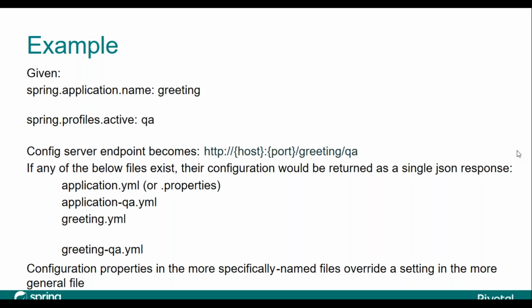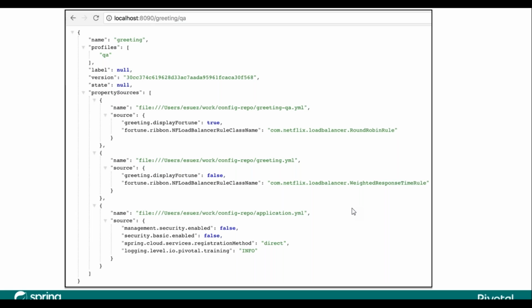So this is how the output of your application looks. If you say localhost 8090 in my example, and greeting slash QA, you can observe that the application name is greeting and the profile here is QA. See that the label is set to null. And if you look at this property source, it is reading greeting-qa.yml also.